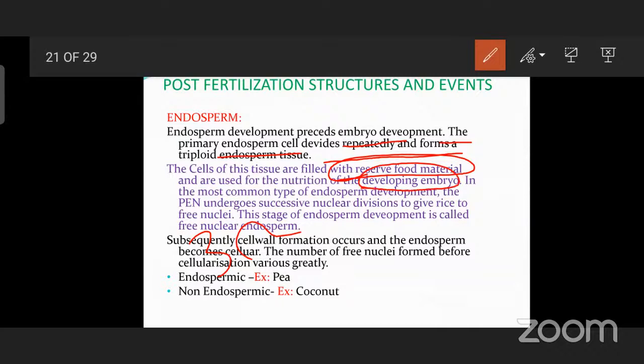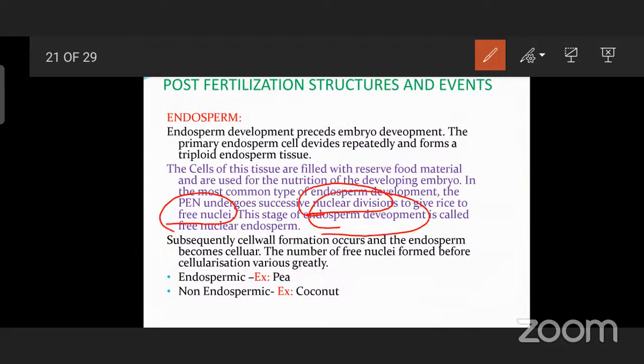In the most common type of endosperm development, the primary endosperm nucleus undergoes successive nuclear divisions to give rise to free nuclei. This stage of endosperm development is called nuclear endosperm. Subsequently, cell wall formation occurs and the endosperm becomes cellular.